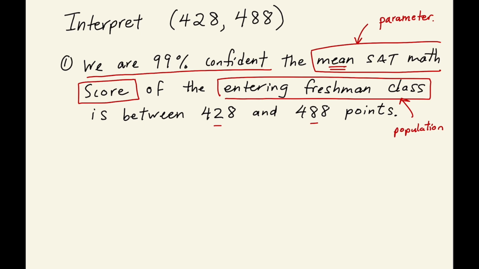When you state the parameter and the population, don't make the mistake of stating sample values. I've seen common errors like: we are 99% confident the sample mean SAT math score of the 100 students in the sample is between 428 and 488, which would be completely wrong. The sample was just what allowed us to estimate the population parameter for the population of the entering freshman class.